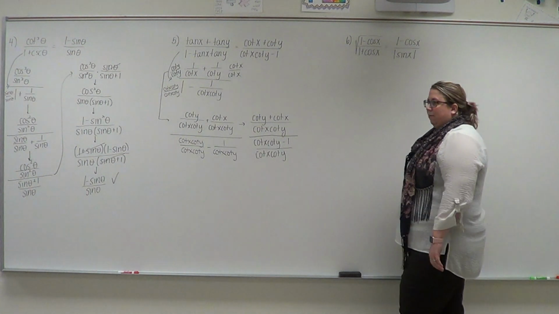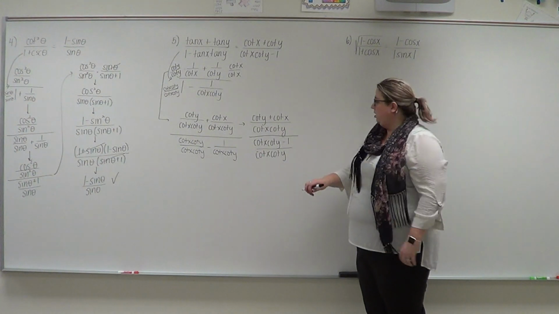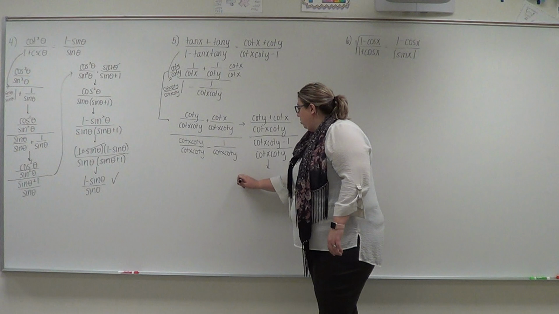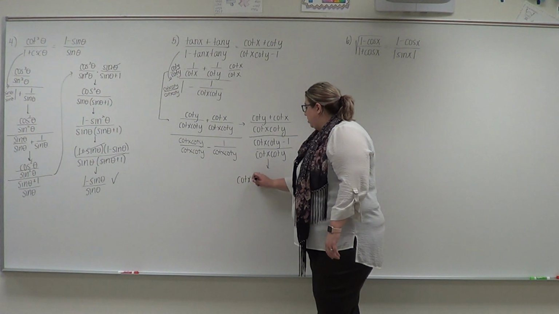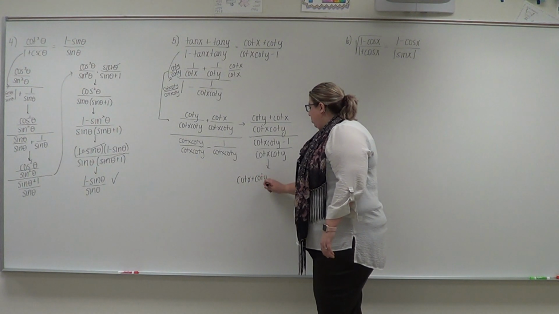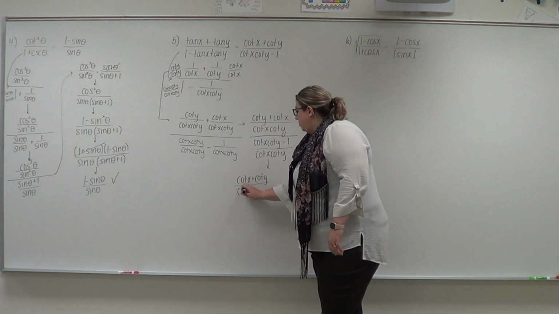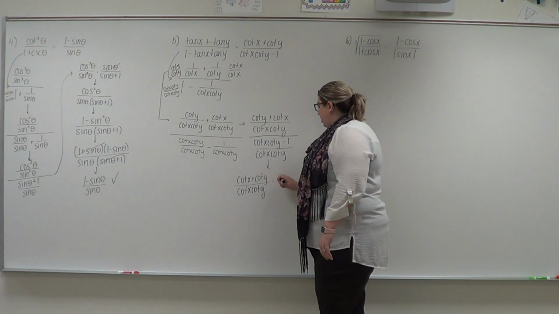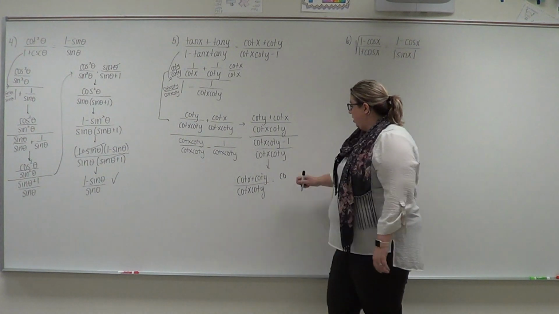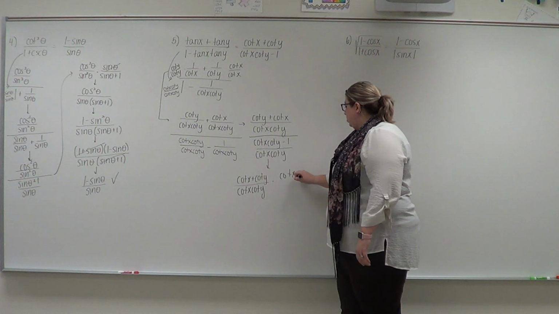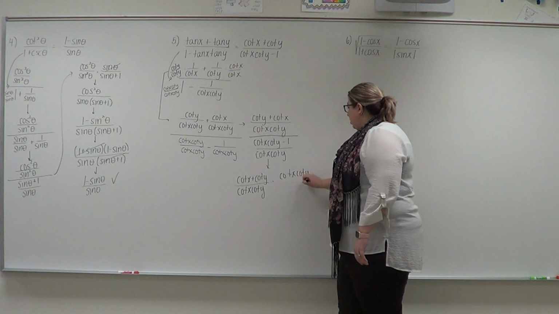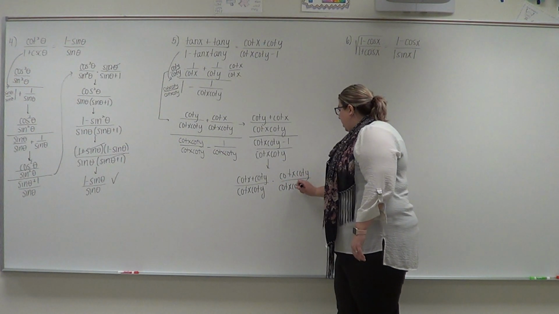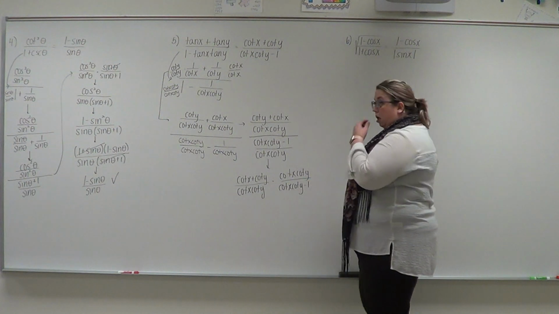Okay, fraction divided by fraction. Now you have 1 and 1. We multiply by the reciprocal. So I have cotangent x plus cotangent y divided by cotangent x, cotangent y, times the reciprocal of the bottom one, so cotangent x, cotangent y divided by cotangent x, cotangent y minus 1.